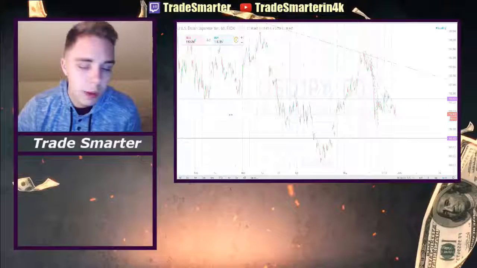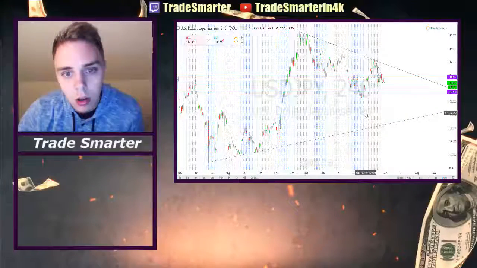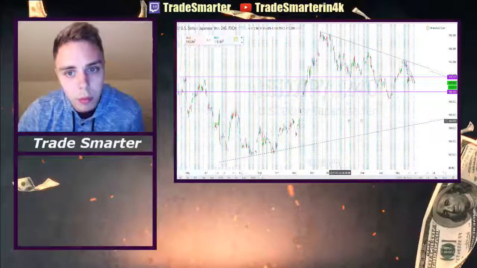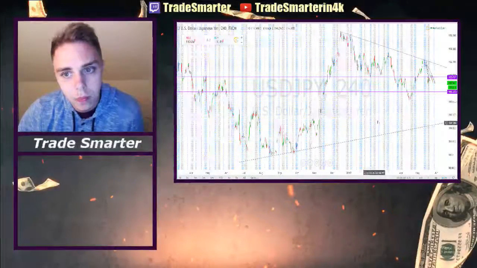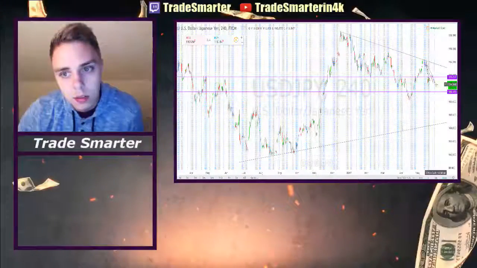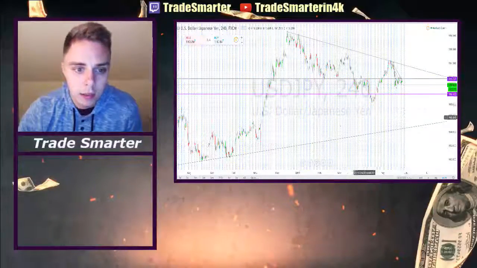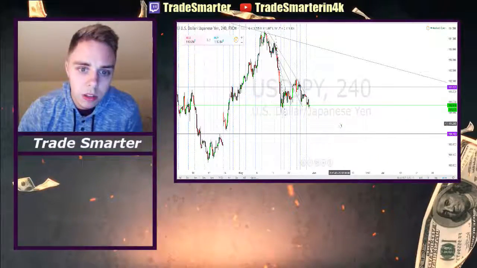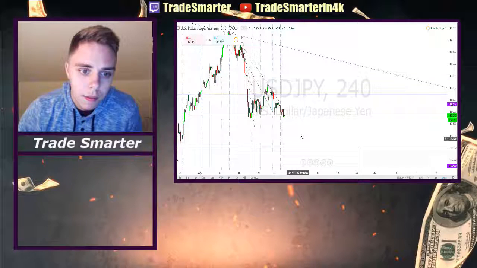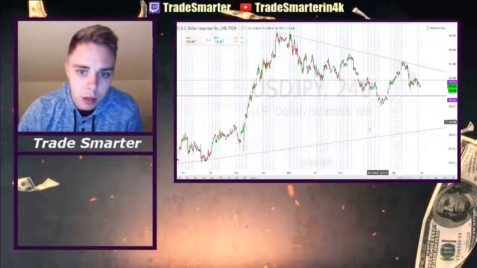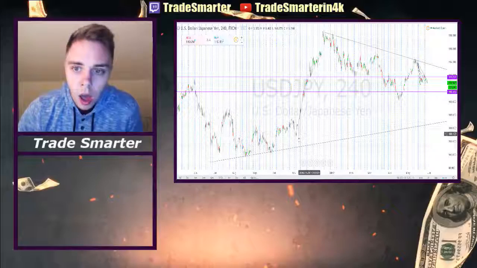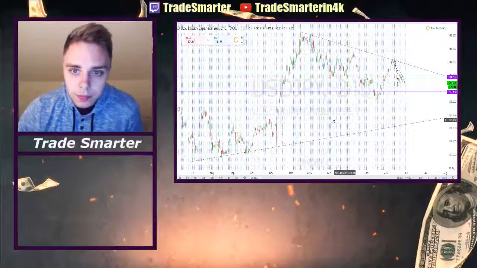If we zoom out a little bit more to the 4 hour, let's see if we can get an even better picture of what's going on. Yeah, this is kind of a tough call. I would definitely be more on the buy side than the sell side overall for this pair, because it appears that overall it wants to increase.